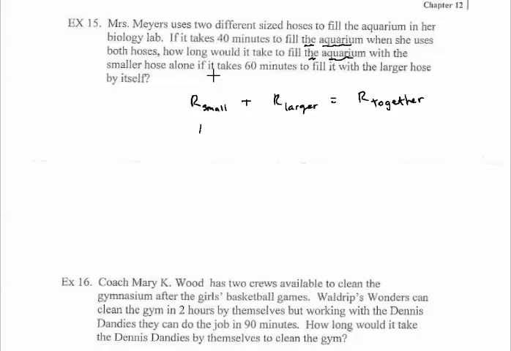Same job, so we're just going to write one job on the top of each of the rates. The 60 minutes refers to the larger hose, so we put the 60 minutes on the bottom of this fraction. Then it told us that if she uses both hoses, the job takes 40 minutes, so the 40 goes on the bottom of the fraction to the right.